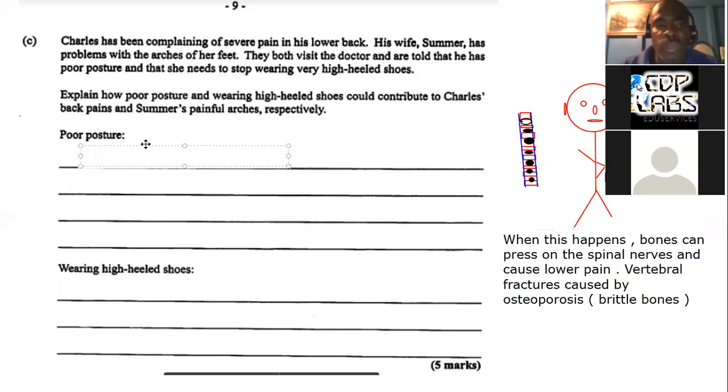The cartilage is worn, right? So poor posture causes the cartilage to become worn, and the ligaments distorted. Ligaments what?